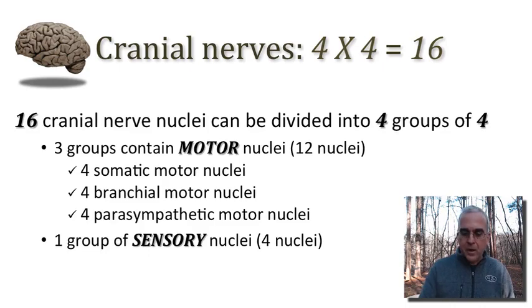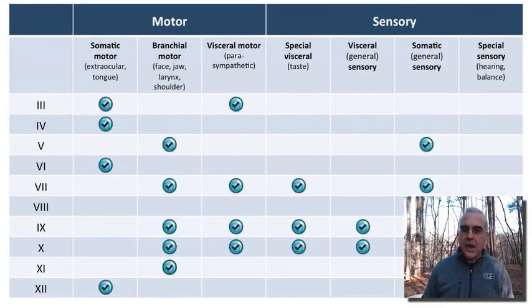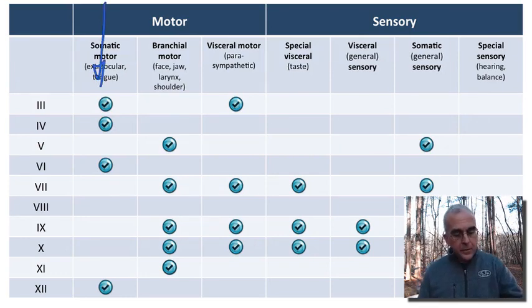Okay, now let's see how that 4 by 4 scheme maps onto this chart where we've just gone through the cranial nerves that attach to the brainstem and identified the functions associated with each. So what we're going to do is talk about the nerves, but we're going to deal with them one column at a time. Okay? So let's go ahead and do so.